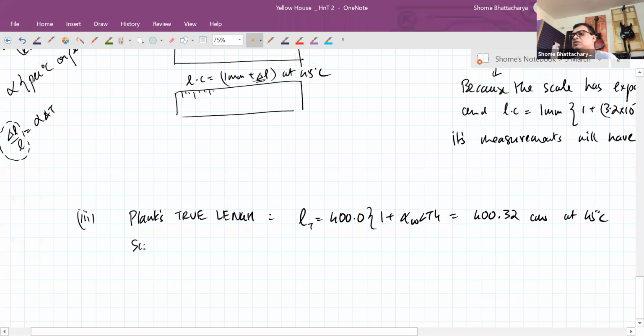But the scale's least count, or you can say one division of the scale now, has become 1 millimeter into 1 plus alpha of metal into delta T, which we saw as 1 millimeter into 1 plus this.